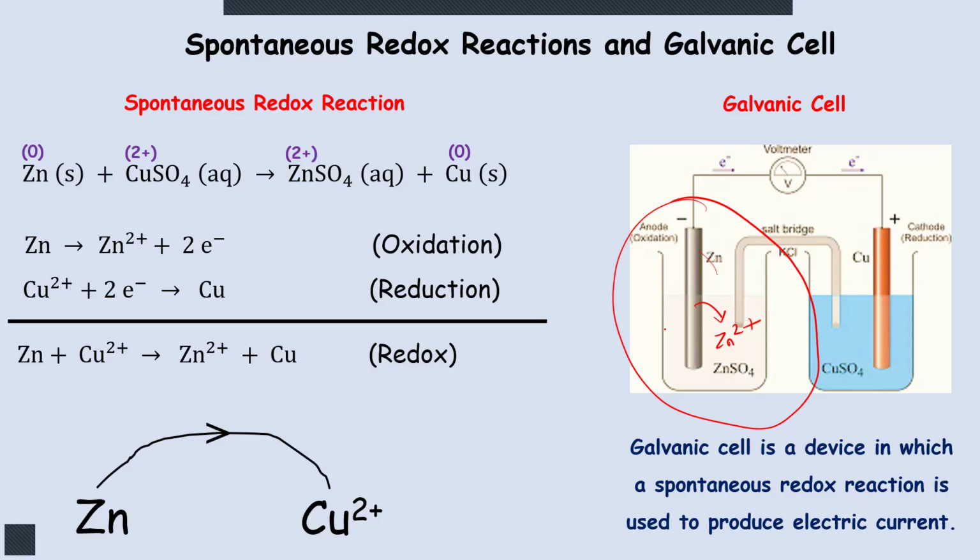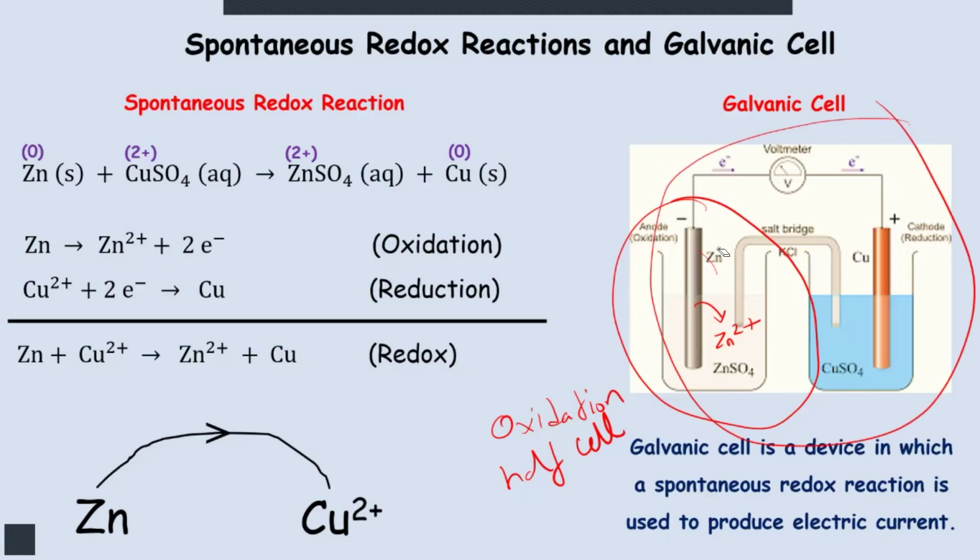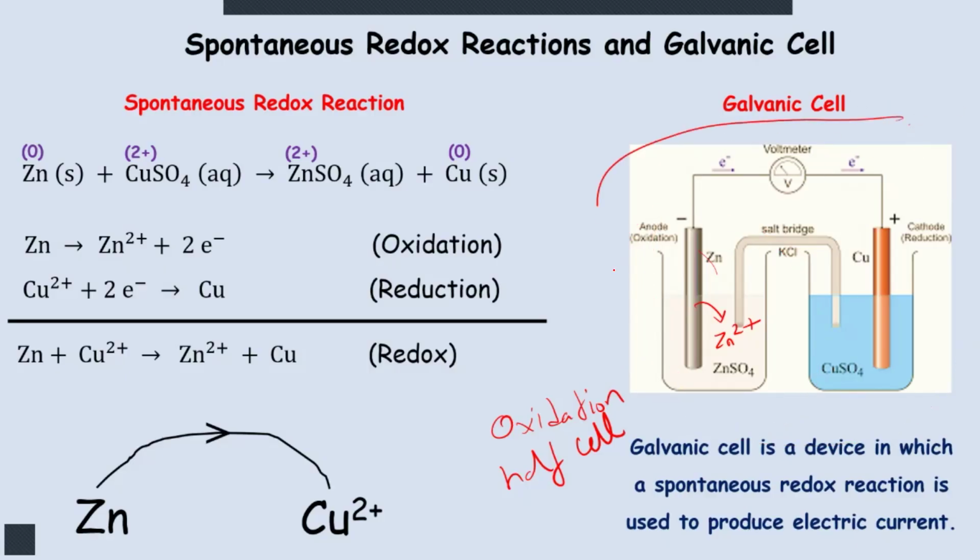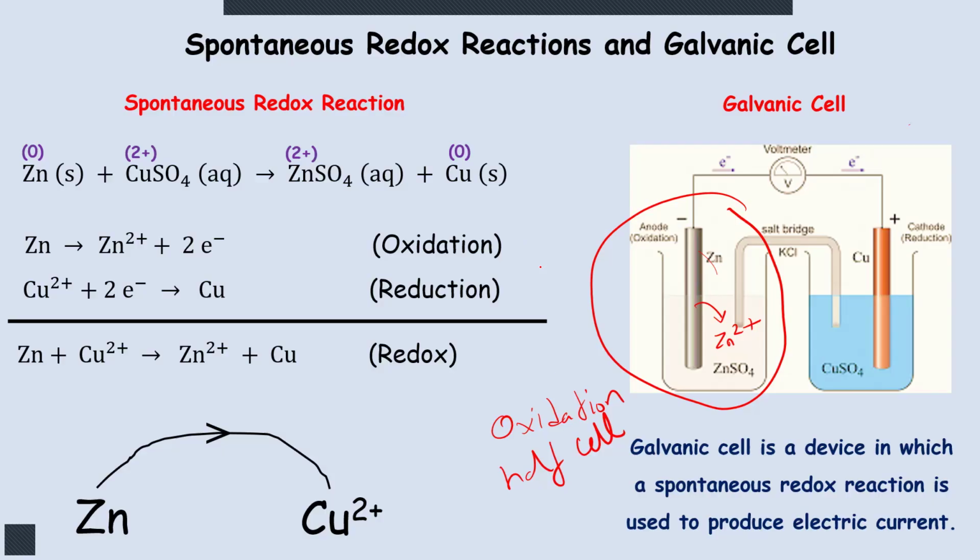So this part is called the oxidation half cell. Why is it called the oxidation half cell? This whole thing is the galvanic cell, and in this part, the oxidation half reaction is taking place. So it is the oxidation half cell.